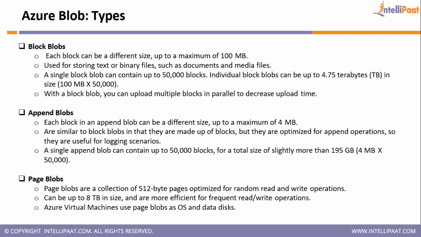So the first restriction is in the size itself. Here also you can add larger files, but the block size is lower, so the overall size of the storage will be lower, which we'll see in the third point. Append blobs are similar to block blobs in that they are made up of blocks. That is the fundamental similarity between append blobs and block blobs. They have the same concept behind them.